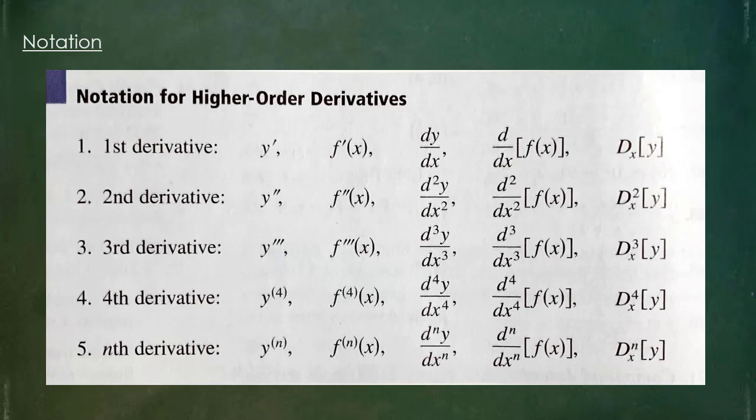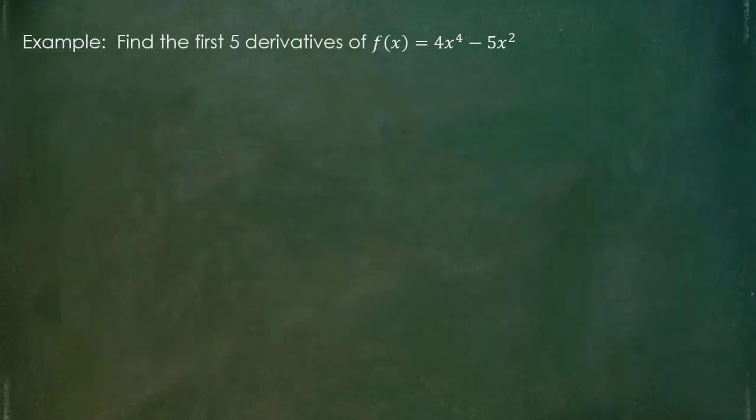So if I needed notation for the eighth derivative, I would write y with (8) as a superscript. Again, take note of how derivatives can be notated from this slide. Alright, let's work through a few examples.